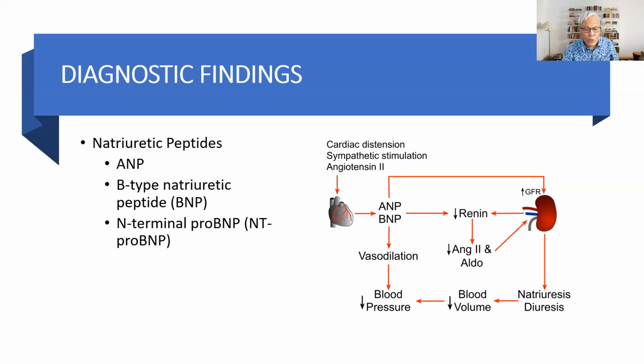These are hormones that are going to be released whenever there's a lot of distension in either the atria or the ventricles. So just remember that these peptides are released as a result of over-distension of either the atria or the ventricles. Okay, so the BNP is going to be more on the ventricles. The ANP is going to be the ones that are going to be in the atria.